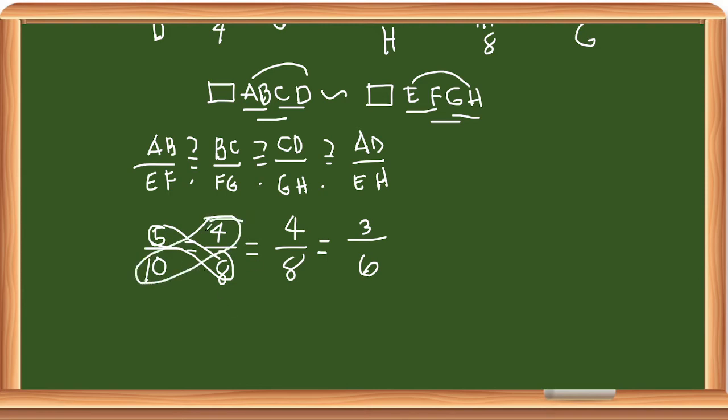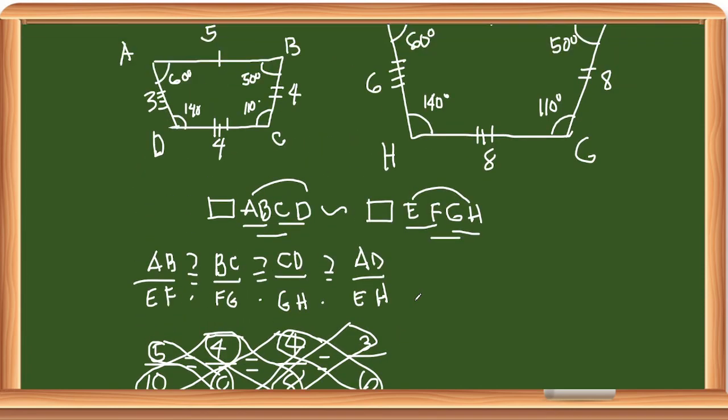How about this one? 4 times 8 is 32. Para silang 4 times 8, so they are equal also. And then lastly, we have 4 times 6, that's 24, as well as 8 times 3, it's also 24. So they are proportional. Lahat ng corresponding sides are proportional.